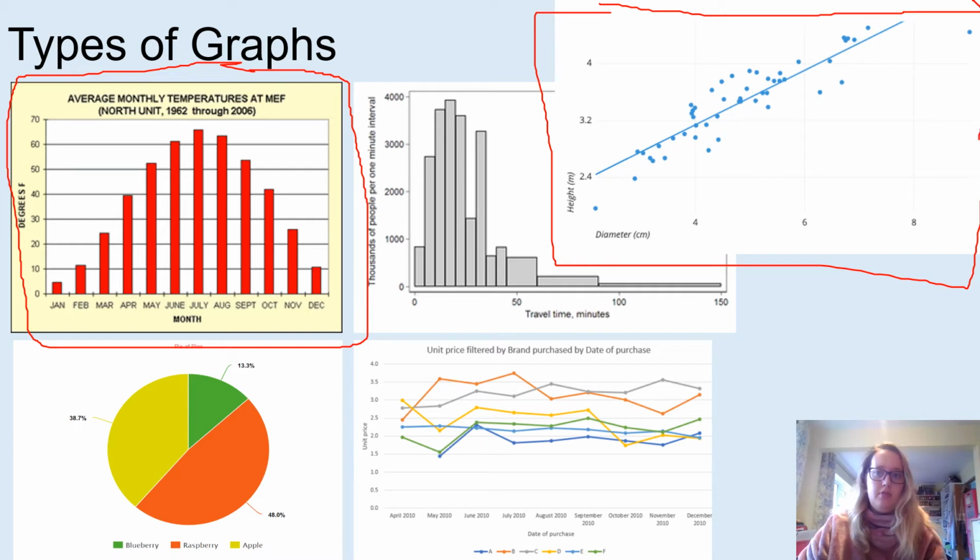Because there are 2 different types of data that you can get. You can have continuous and you can have discontinuous. I'm not really sure quite where to write it. Continuous, and then discontinuous.